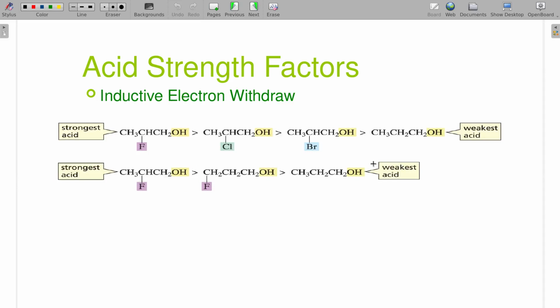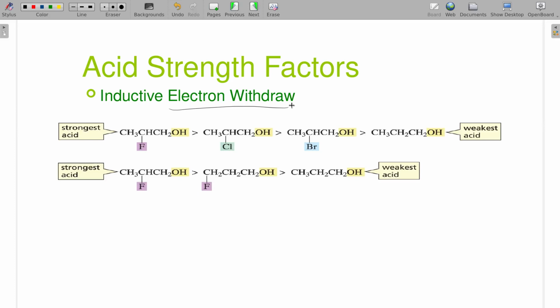And proximity of a withdrawing group, or something that's electronegative. Now, electron withdrawing is probably a better way to think of it than just electronegativity, but they do mean the same thing. What I mean by electron withdrawing is something that's electronegative.